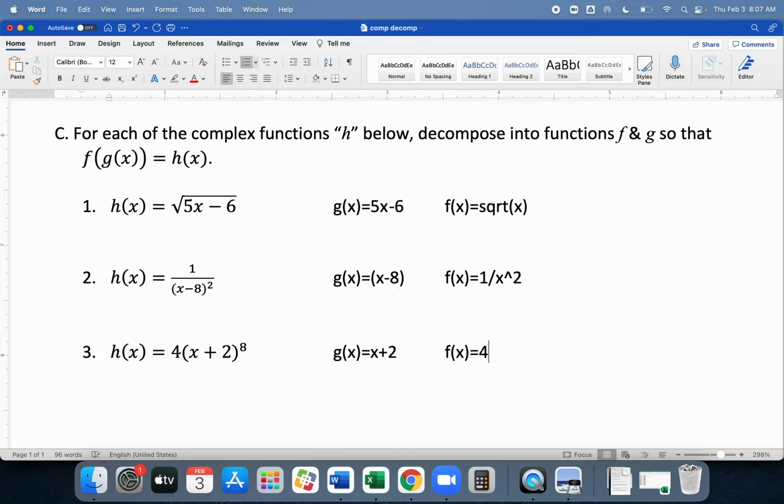Yep. Take that result, raise it to the 8th power, and multiply by 4. But again, the 8th power, just like in the last one, could have been on the first part, could have been on the second part, and either way, we'd end up with the same overall result. Because there's kind of three pieces to this one also: add 2, 8th power, times 4.